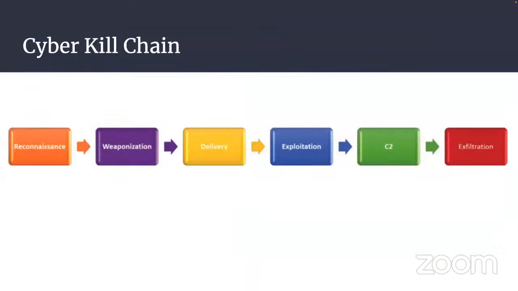In this realm, we have the cyber kill chain. Reconnaissance is always the first step, where the adversary collects information about a target in as many undetectable ways as possible. For example, in job postings, IT postings tend to contain information about what systems are in use, what applications, and other infrastructure.